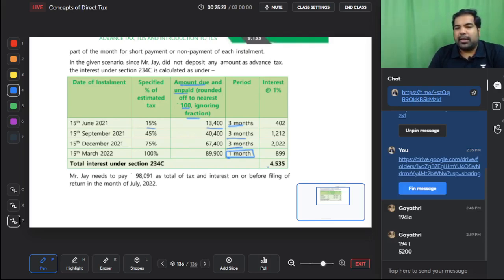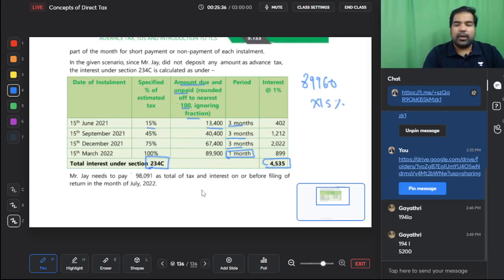So this is the interest that he'll have to pay under section 234C. Guys, I don't seem to have a calculator here with me, but if you just calculate 89,960 into 15%, you will get your answer and you will have to round it off. Ignore the fraction and round it off to the nearest hundreds.